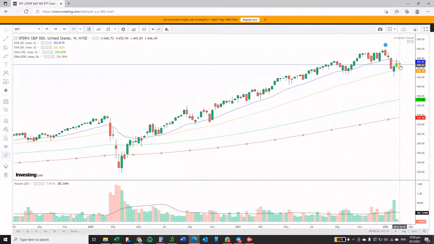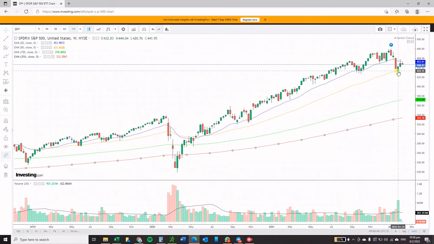I usually like to use both my daily and weekly candles. As you can see here, it's acting as a very good support. Now it's trading between the 50 and the 20.